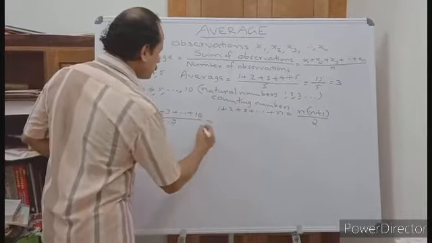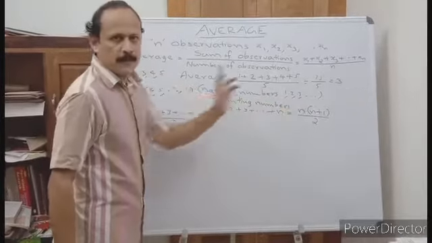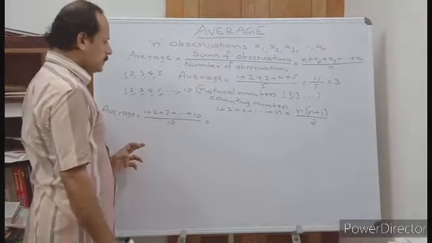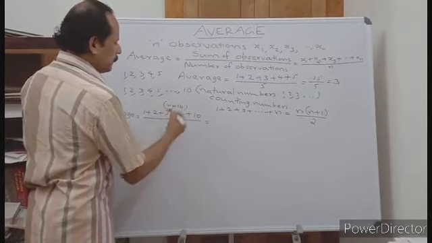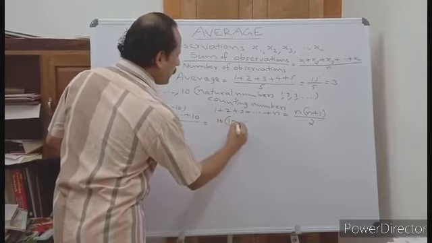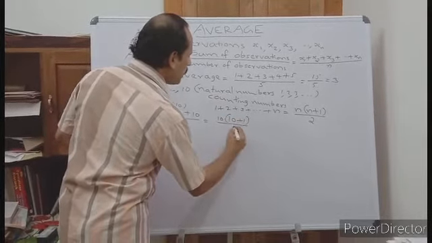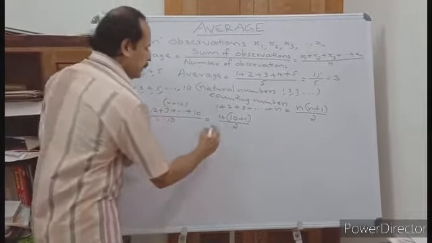And the numerator can be obtained using this formula, n into n plus 1 by 2, and here n equals 10. Therefore 10 into 10 plus 1 divided by 2, and there is already 1 by 10.